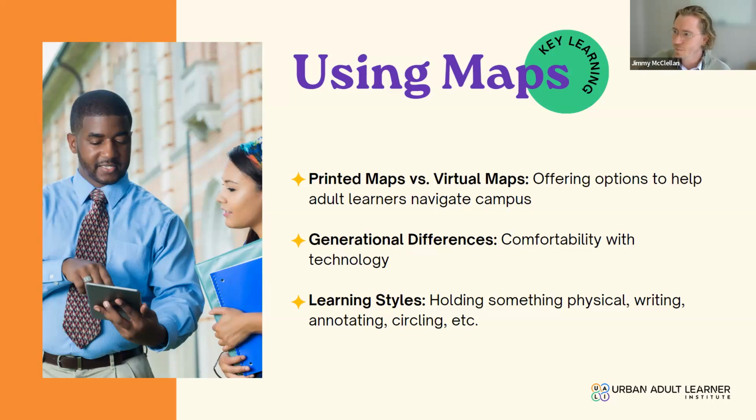I know someone mentioned, I could scroll back, tactile and being able to write things down, circle things, highlight a route. Is that possible or as easy to do in technology versus printed, or again, just for that comfortability thought? But LT, anything you would add here in thinking about using maps and how campuses might better make sure those are accessible for learners of all types?